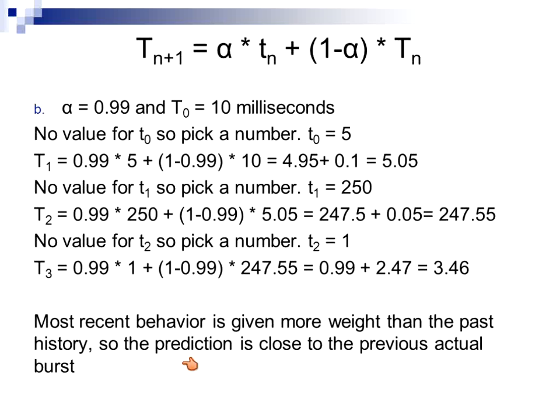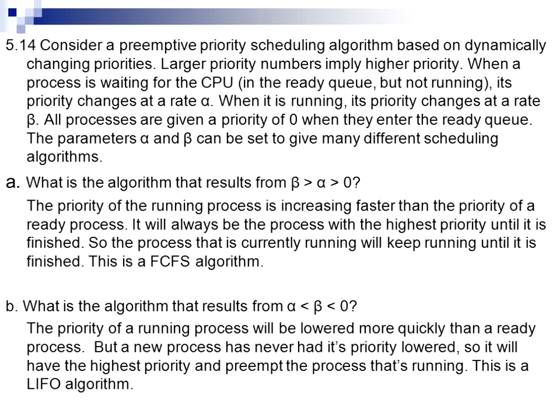So my answer for this one is that the most recent behavior is given more weight than the past history, so the prediction's always going to be close to the previous actual burst. Okay, that makes sense? Again, I know once I give you the answer, it probably does make a lot more sense, but it is hard to figure this out for yourself. That's why for me, it was easier to actually go through this equation and figure out what was going on.